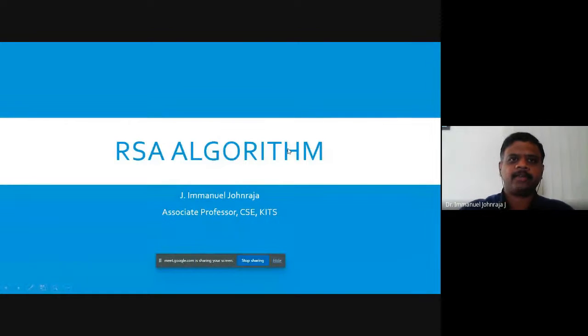All right. So just to have a quick recall of what we have learned in the previous class, we have learnt about the public key crypto system, where we came across the usage of two keys. One is the public key, the other one is the private key.